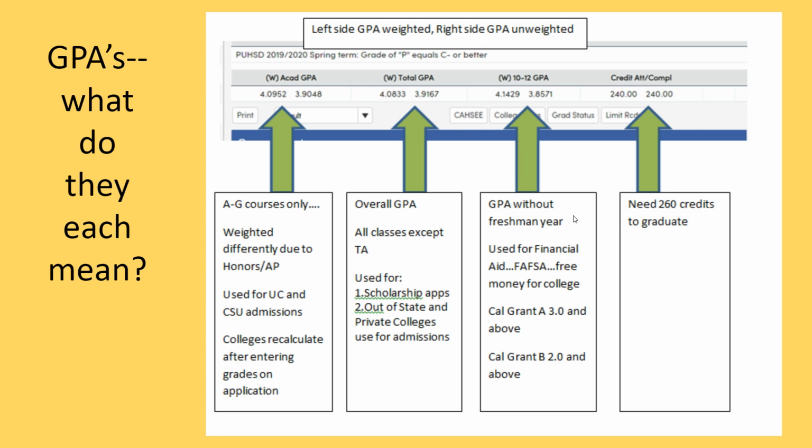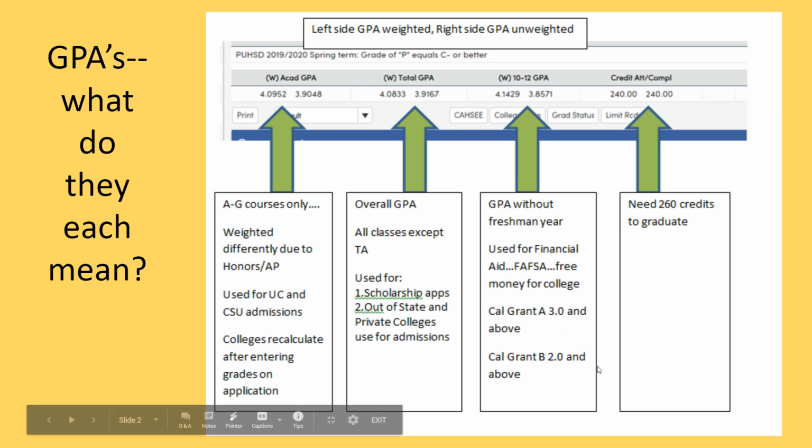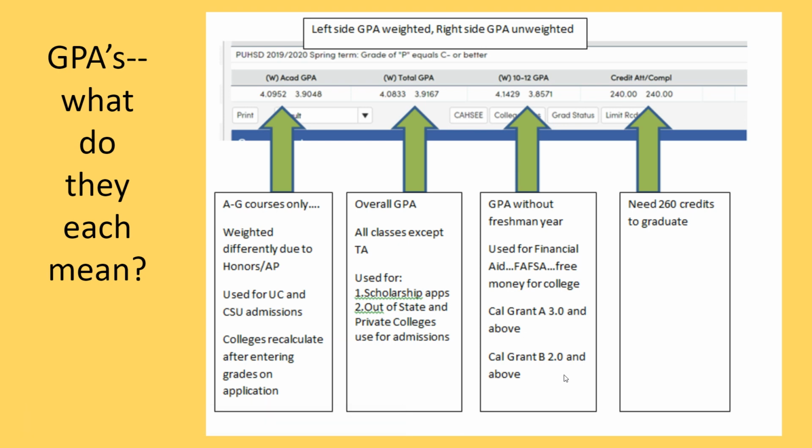If that GPA is above a 3.0, you could potentially qualify for a Cal Grant A. If it's below a 3.0, you can still qualify for a Cal Grant B, which is for students with between a 2.0 and 3.0. This covers your tuition at a UC, CSU, or community college, and private schools can give up to about $9,000 for a Cal Grant.